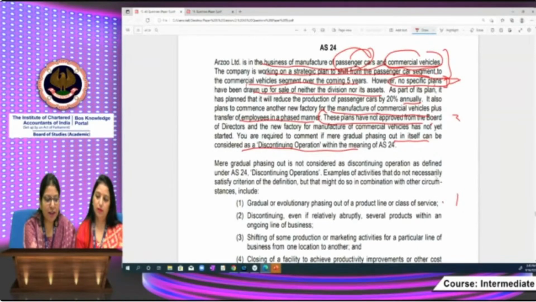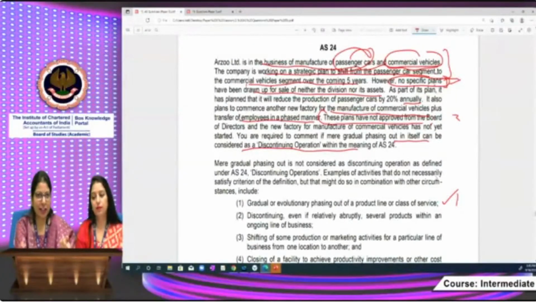Gradual or evolutionary phasing out of a product line or class of service. Here it was satisfied, so we could have called it discontinuing even if relatively abrupt, with several products within an ongoing line of business.